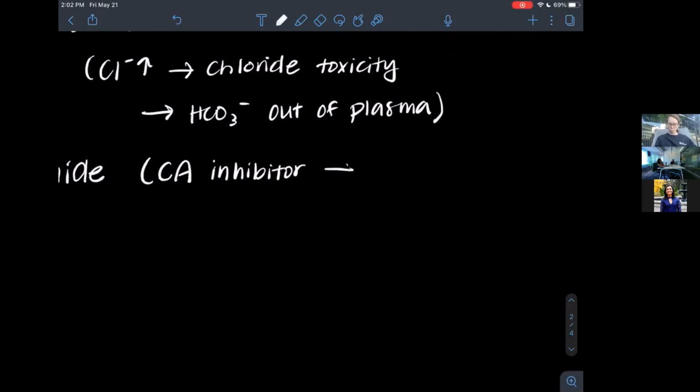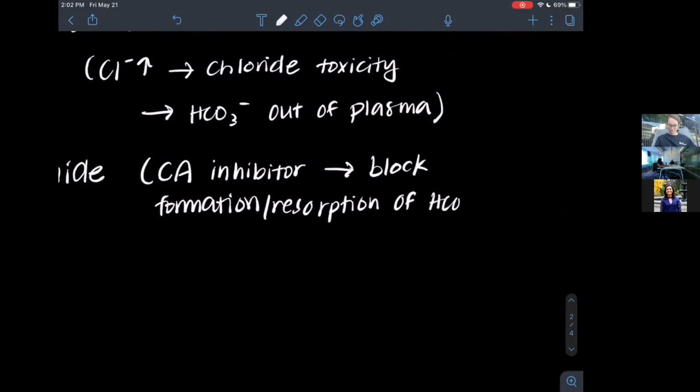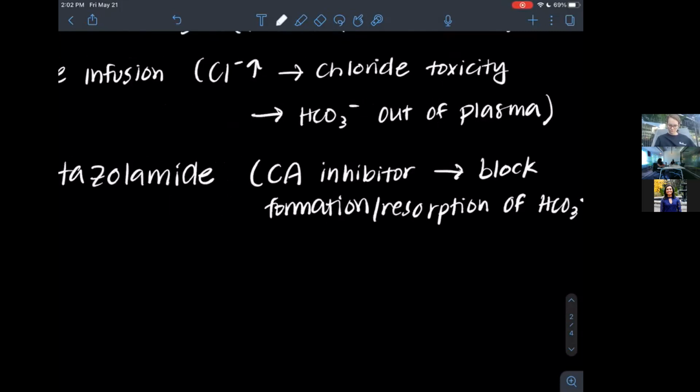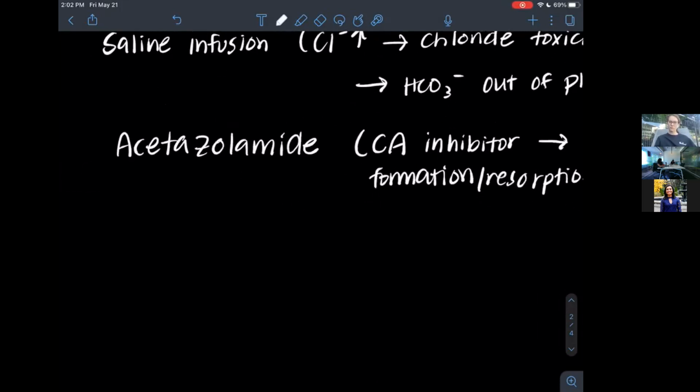So that's also going to block the formation and resorption of bicarb. And another one I think would be good to know is spironolactone.